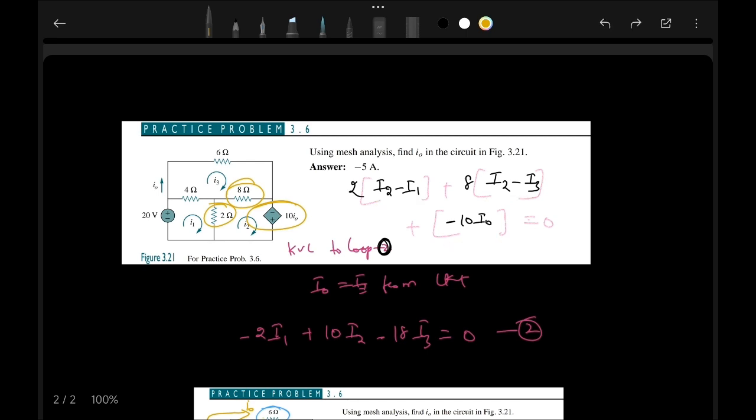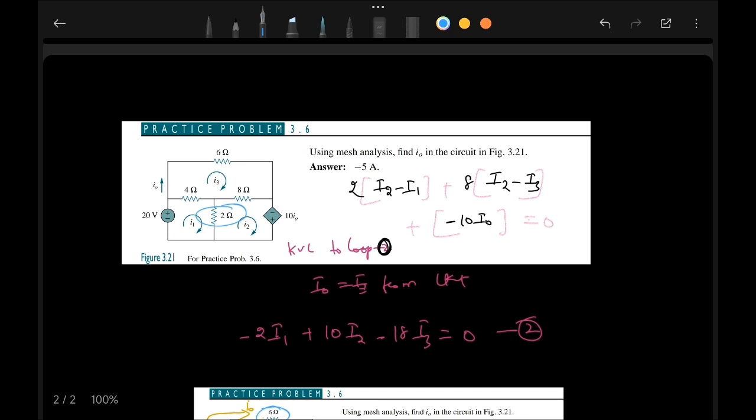In the first bracket, what do I have to fill? I'll start with the 2 ohms, which is the resistance shared by both loop 1 and loop 2. That's why I wrote 2 ohms into I2 minus I1.